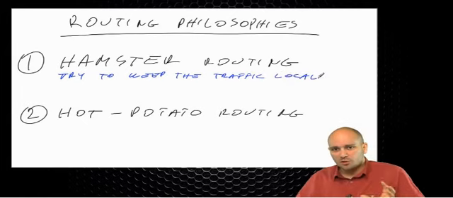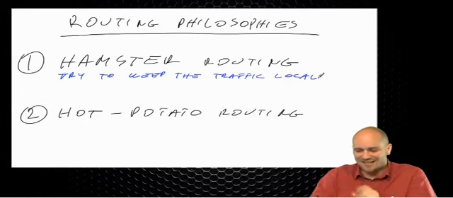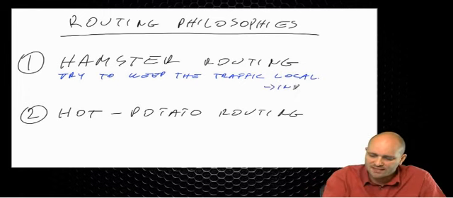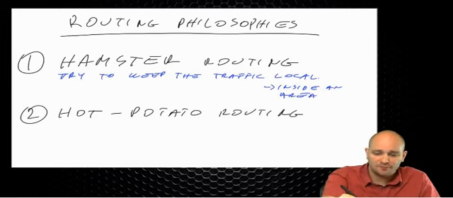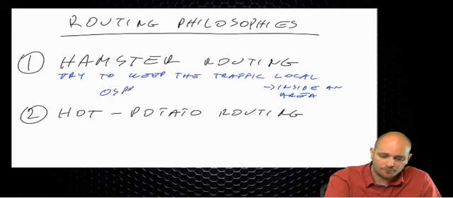So OSPF is going to try to keep traffic inside an area as much as it can. Now, as opposed to that, hot potato routing is, for example, done by BGP.